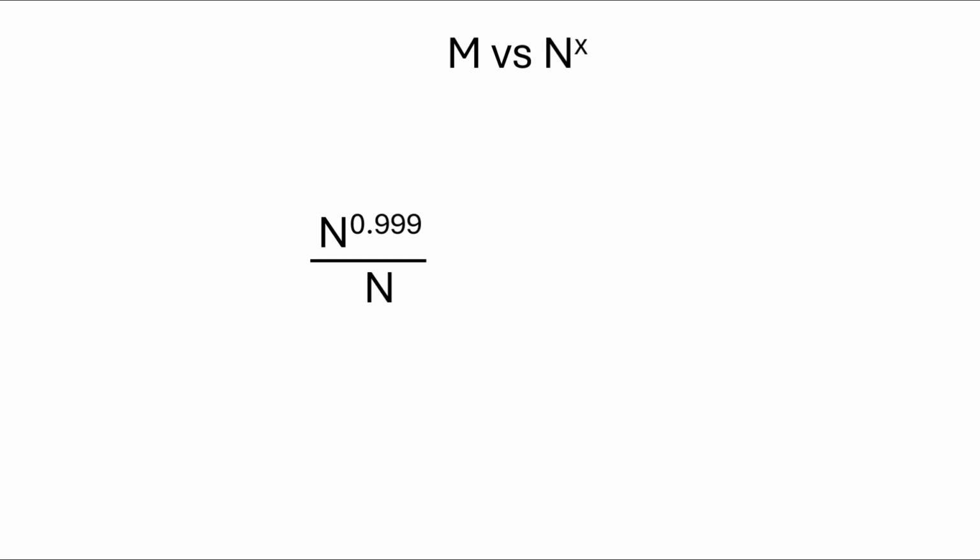But actually it's not. For really large n, if you ask, approximately what percent of n is n to the 0.999? The answer is 0, actually. Well, when n is super phenomenally large, then it rounds to 0% in spite of how it looks.